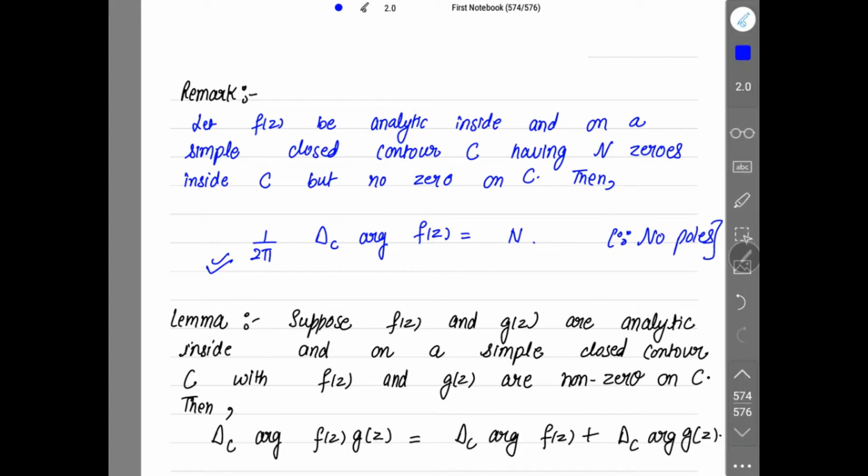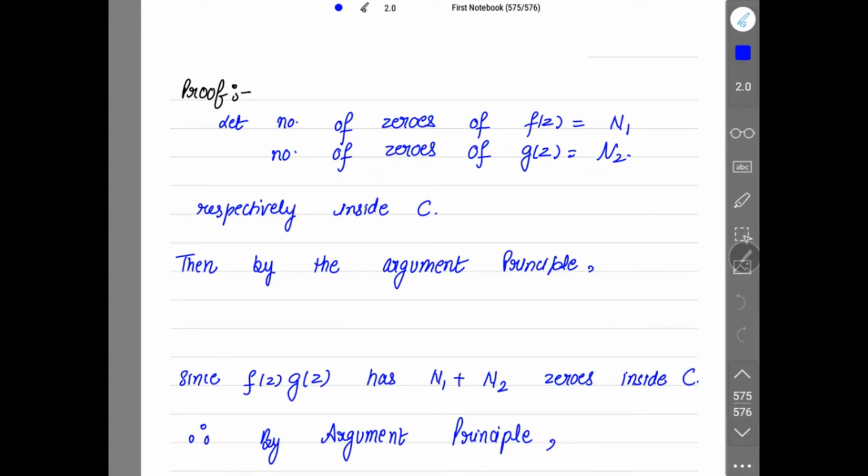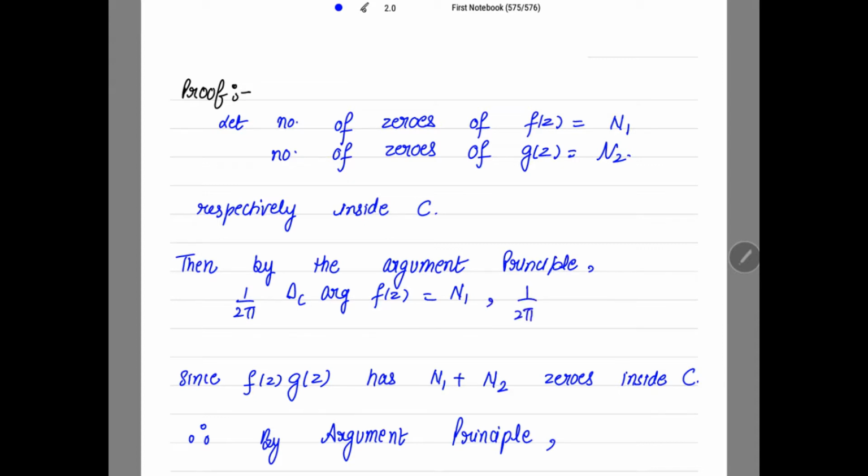By argument principle, 1 over 2π Δc argument f(z) is equal to n1. This is for f(z), and for g(z) I should write 1 over 2π Δc argument of g(z), which is equal to n2. Very clear? Now the product f(z)g(z) has how many zeros? Obviously n1 plus n2.